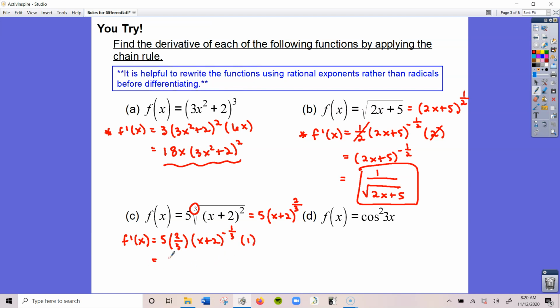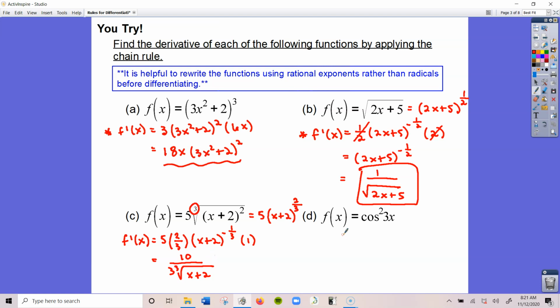Put this all together, we have 10 over 3. And since this is a negative exponent, that means that it goes down to the denominator with the 3. And then the exponent is 1/3, so that is the cube root of x plus 2. And that would be my derivative.